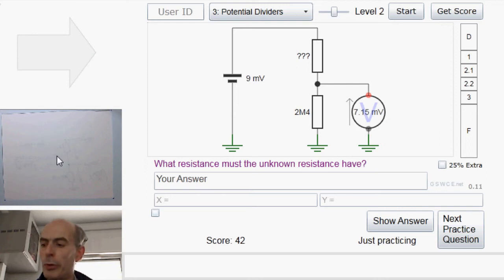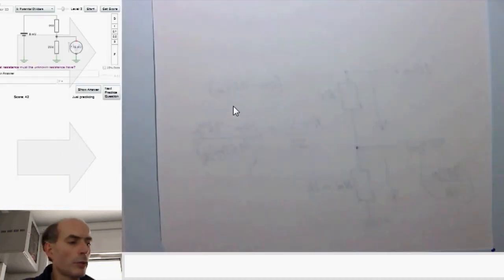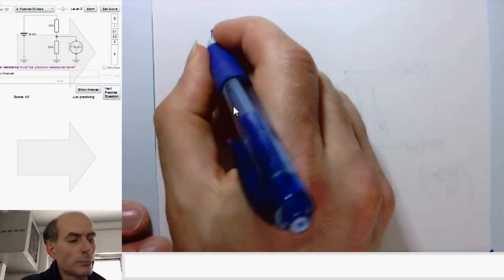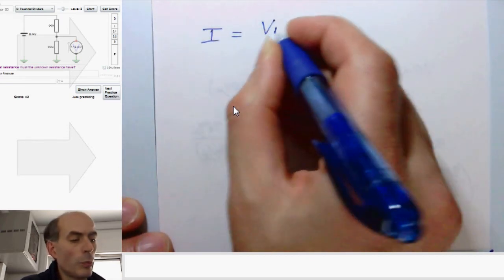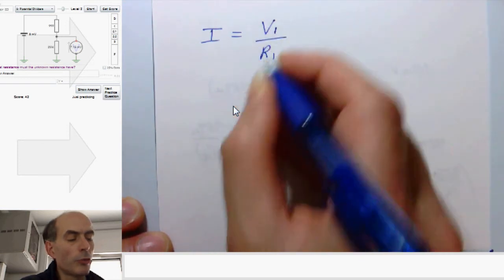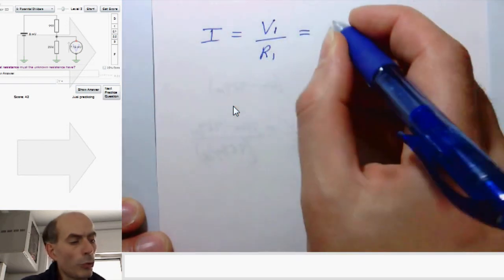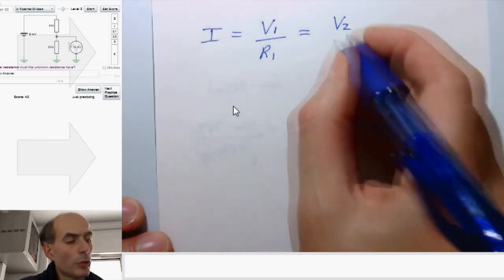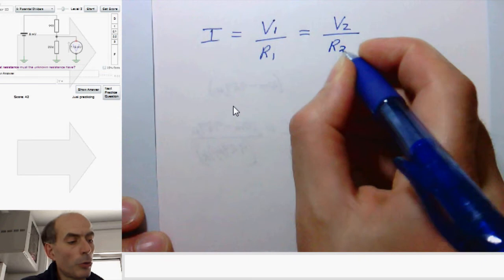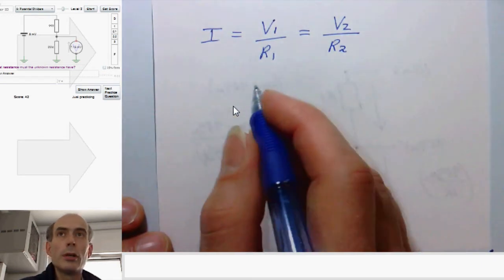The same current flowing through both, so I could write the current is the voltage across the top resistor, which I'll call V1, divided by the top resistor, R1, and must also be equal to the voltage across the bottom resistor, which I'll call V2, divided by the bottom resistor, which is R2.